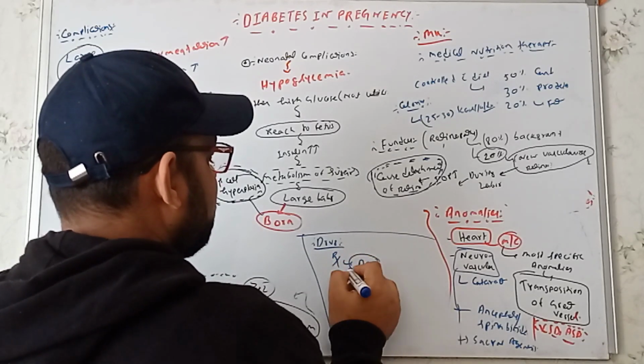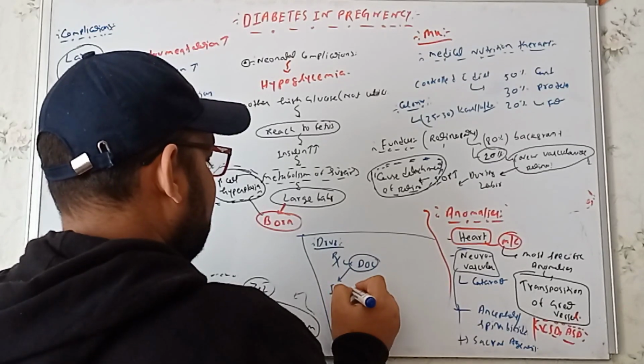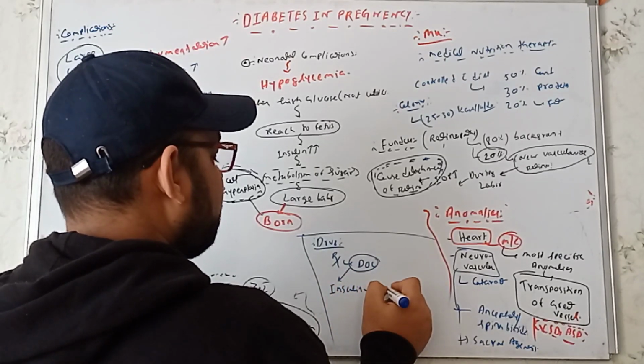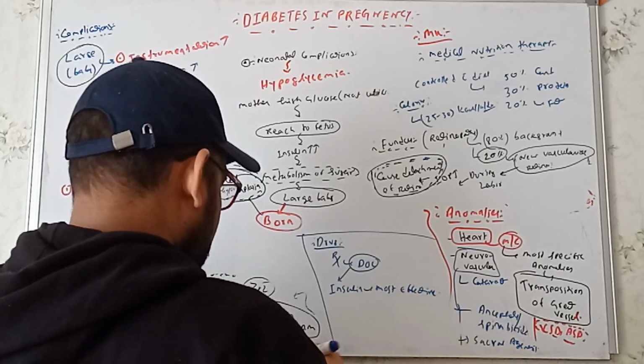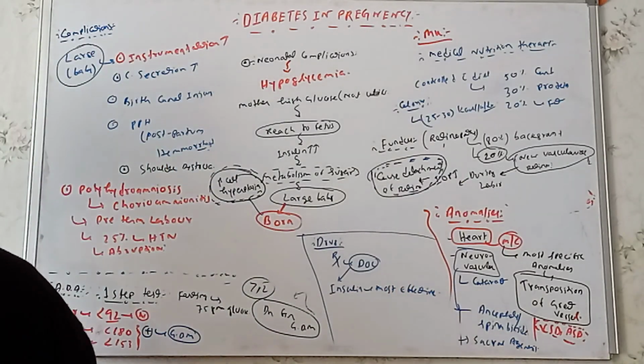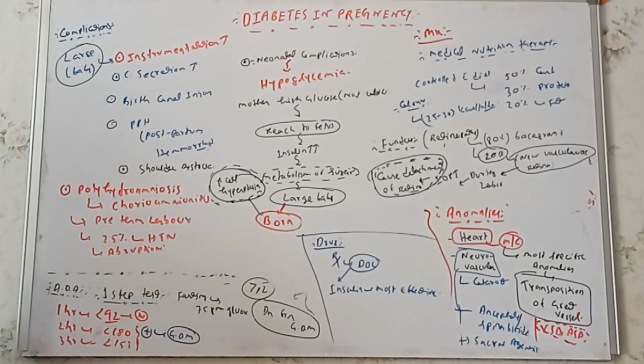The first line drug we should use over here is insulin. That is the most effective drug. Apart from that, you can also use oral hypoglycemic agents.